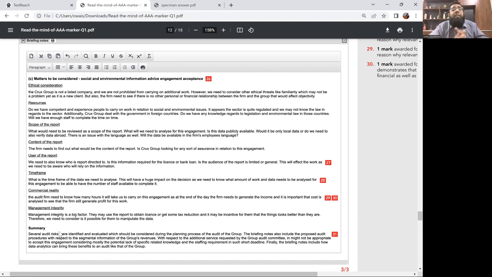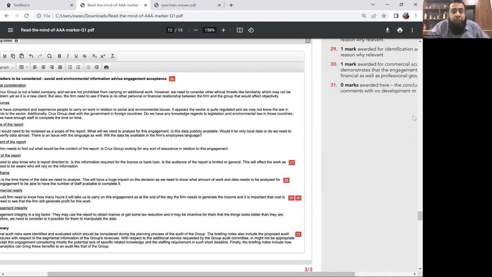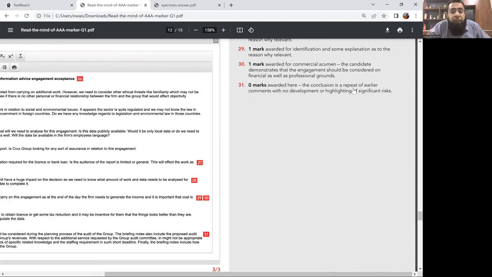Now, if we look at his conclusion, he has written a conclusion, but please remember, the objective of the conclusion was to justify prioritization of risk. He has not justified the prioritization issue. So 0 marks awarded here. The conclusion is a repeat of earlier comments with no development or highlighting the significance of this.